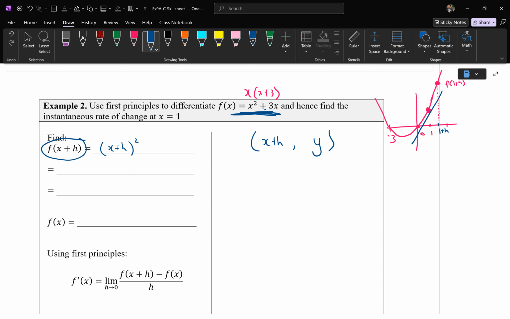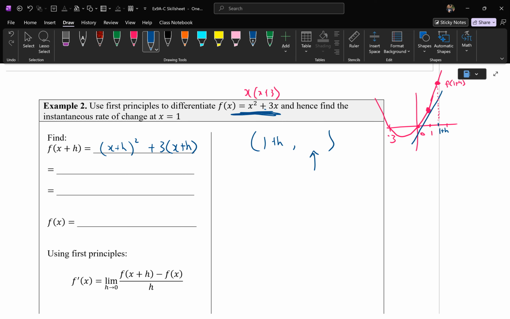Instead of plus 3 times x, I now have plus 3 times x plus h. Because what I'm trying to figure out is, if x is 1 plus h, what would f of 1 plus h be?